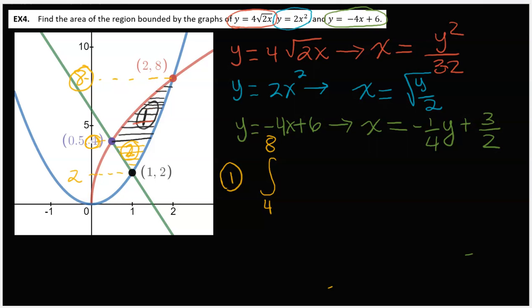Going from right to left, I take blue minus red. So that would be the integral of square root of y over 2 minus y squared over 32 dy. That's the area of region 1.